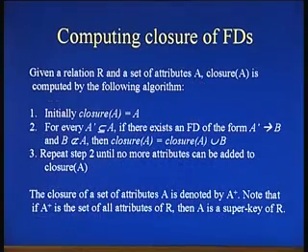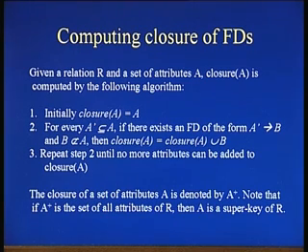Now for every A prime that is a subset of A, if there exists a functional dependency of the form A prime defines B, and B does not belong to A as of now, then just add B to the set of elements in the closure of A, and repeat step 2 until no more attributes can be added to the closure of A.